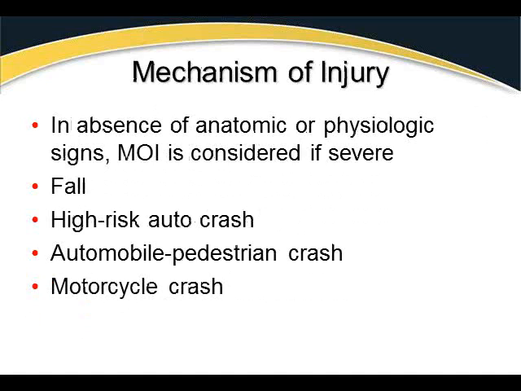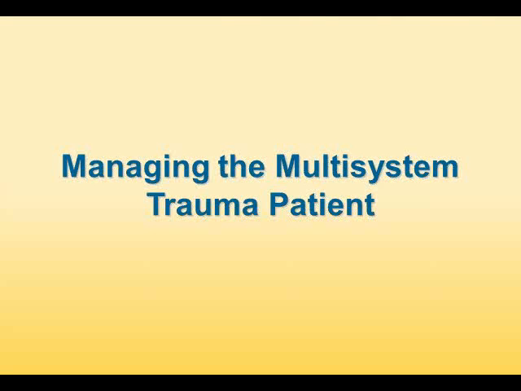Then, of course, mechanism. In the absence of the anatomic or physiologic signs, MOI is considered if severe. Falls, high-risk auto crashes, auto-pedestrians, cycle crashes, those all have the potential to be high index of suspicion mechanisms.